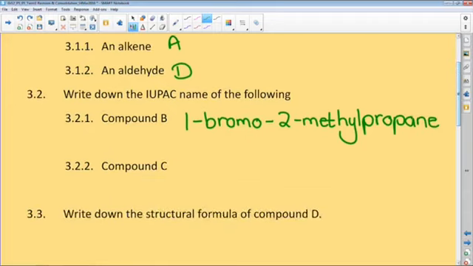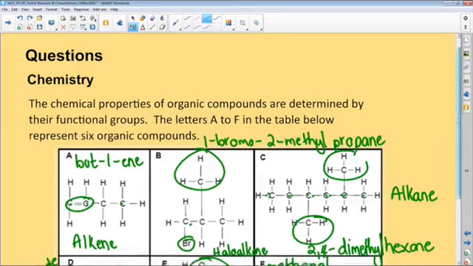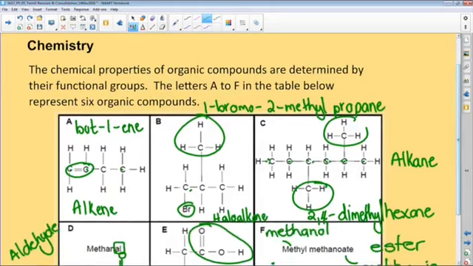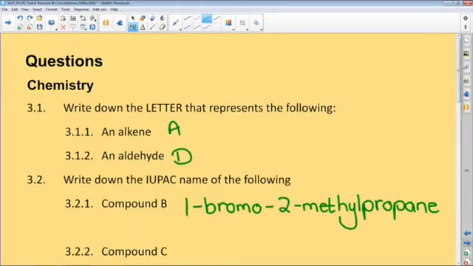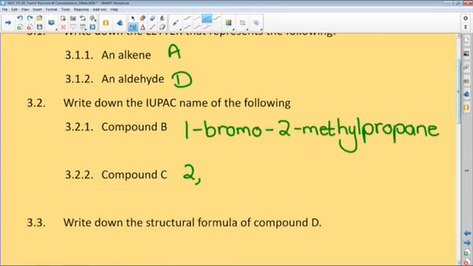So that's named. Now they say write down the name of C, which we also named 2,4-dimethylhexane. I don't even have to think about it. So now we can write it down, and it's 2 comma 4. Don't forget the di, because they're 2 methyl groups, so it's dimethyl. And we said it was hexane.